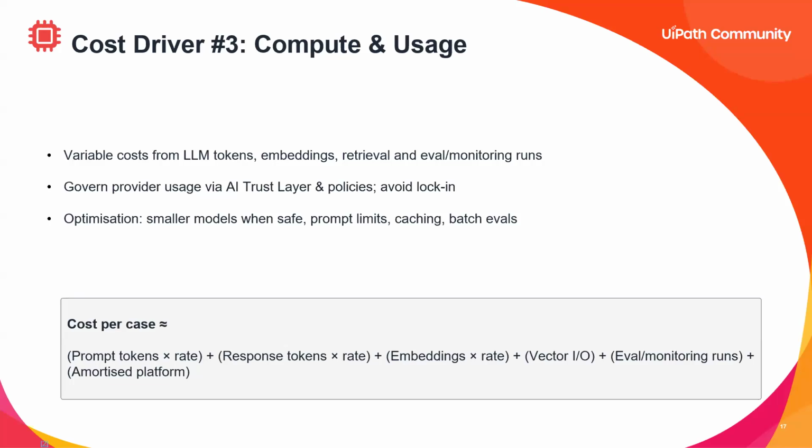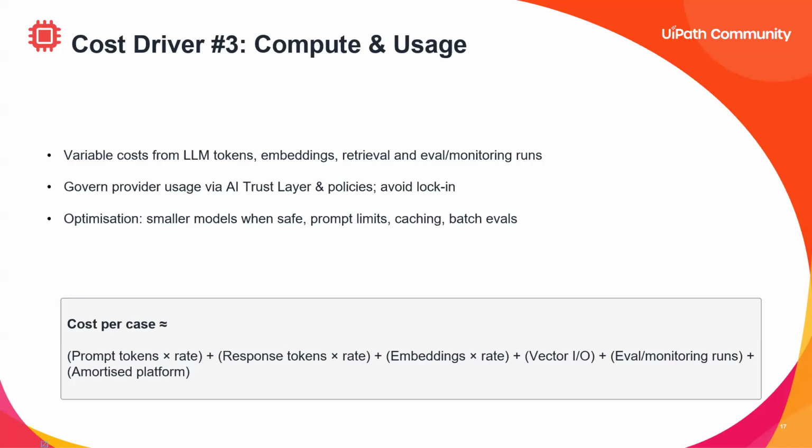And optimization. So we can optimize costs by using smaller models. For example, we don't need very large models to do a simple task. So optimizing the cost by using the right set of model is always a great factor, and setting the limits and caching the data is also a factor for the optimization cost.